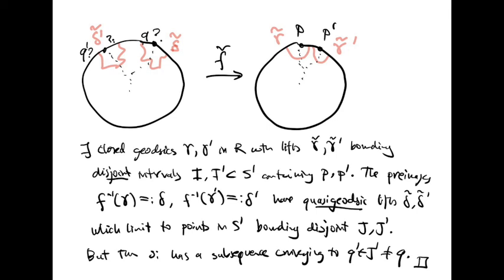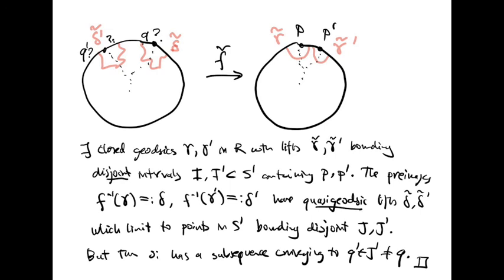This means that S_i has subsequences converging to points, one in the interval J and one in the interval J prime. But our sequence S_i was already assumed to converge to Q. This is a contradiction, and therefore we can conclude that the image of the sequence R_i converges to a unique point P in the circle at infinity.